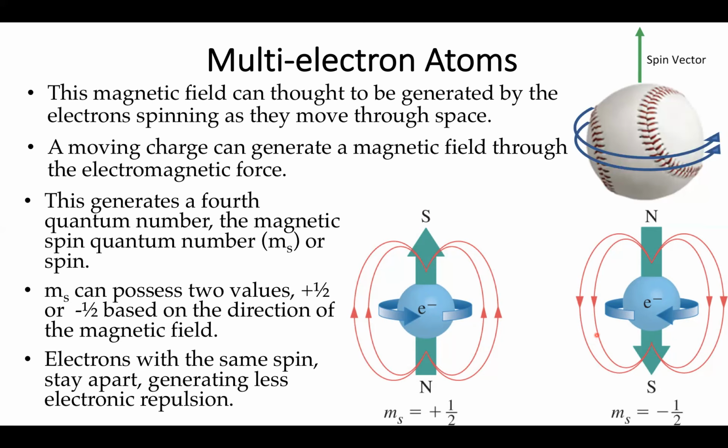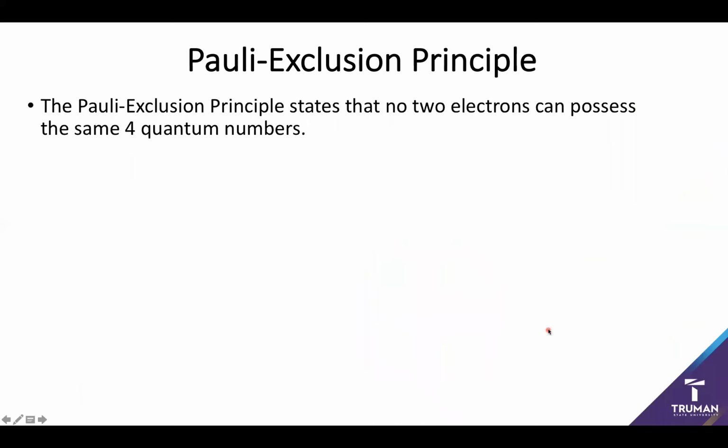One of the first important consequences of this spin quantum number is that any quantum particle that can spin, like an electron or a neutron or a proton, can't possess the exact same quantum numbers. So in the electron's case, we have 4 quantum numbers, and they can never be quite identical.